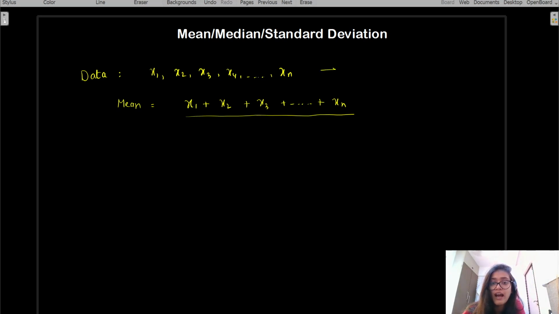Here we have n values, so we will divide it by n.